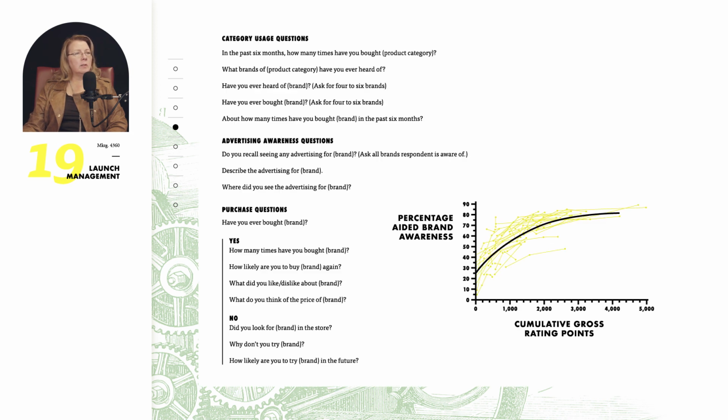All right, so let me give you an example. Let's say over time we are collecting information from consumers about how aware they are of our product. Down here at this end of the scale, we've collected 1,000 points of information from consumers, and up here we have 5,000 points of information. So there is a time element here. There's also an increase in the amount of data that we have.